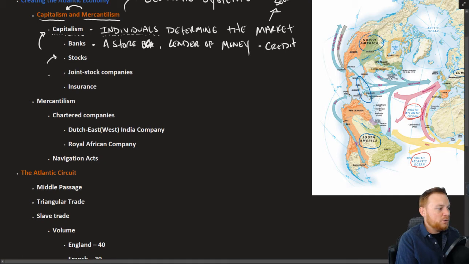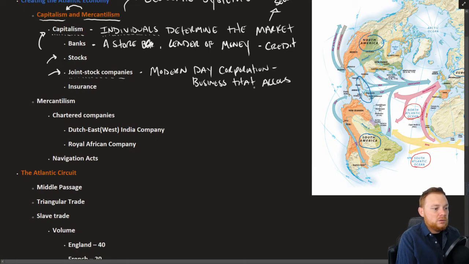Stocks are very important. Joint stock companies, these things are one and the same. I'll go ahead and describe both of them. A joint stock company essentially is what we might identify as a modern day corporation. It is essentially a business that allows the pooling of capital.